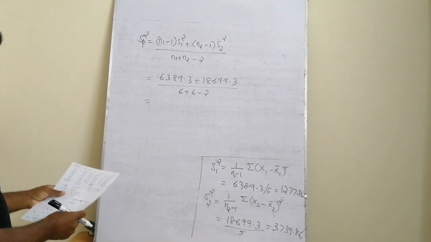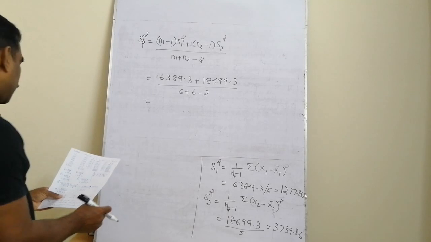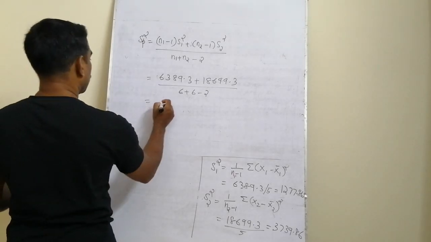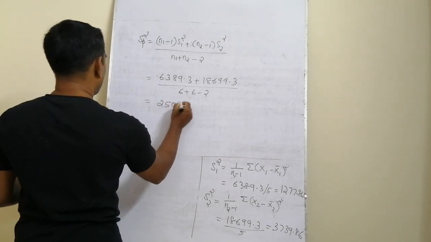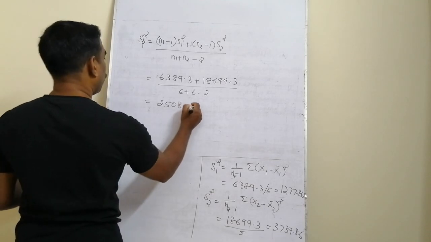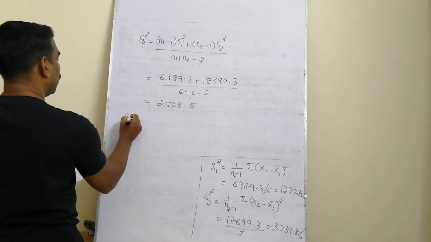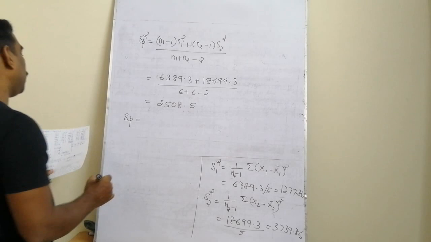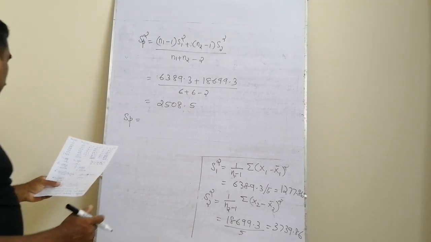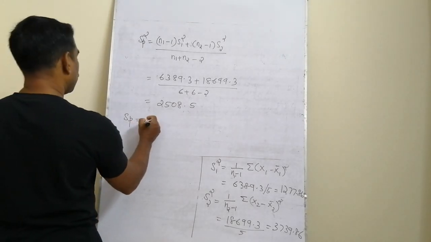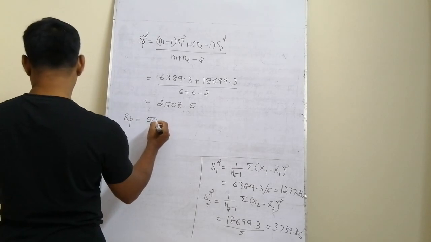On division we will get the pooled sample variance as 2508.5, from which we take the square root, and we get the sp value or the pooled sample standard deviation as square root of that expression, that is 50.09.